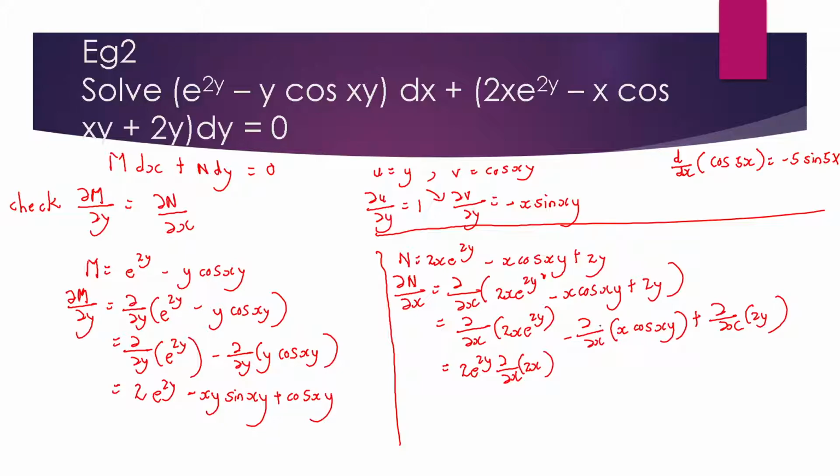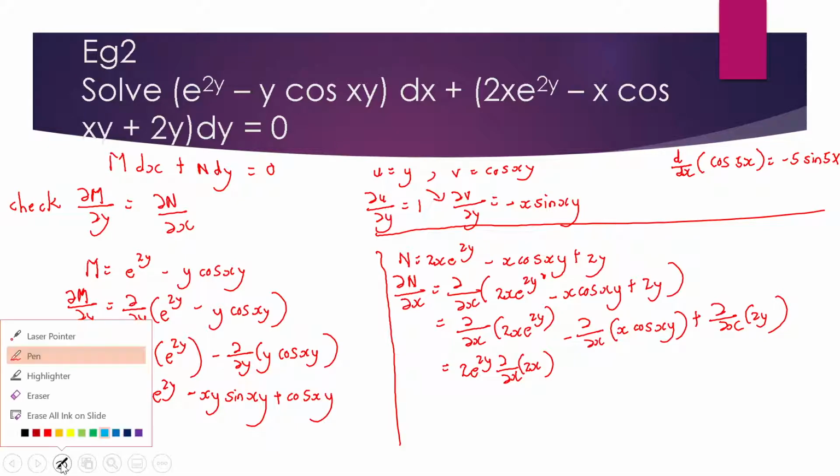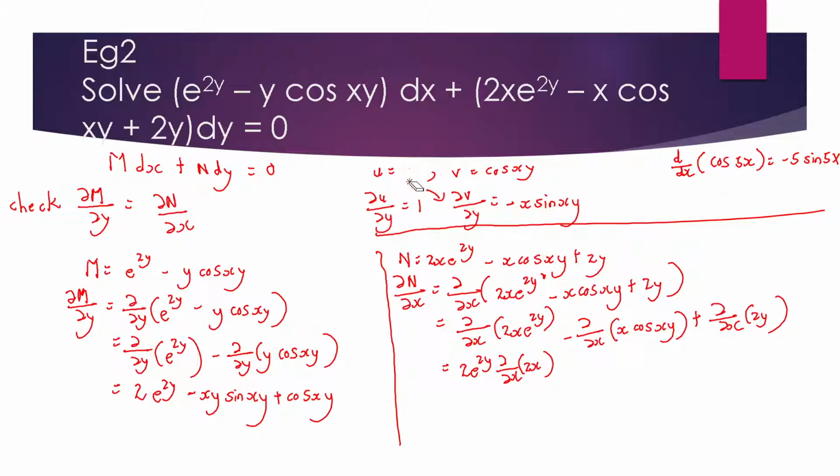Okay, second term, when you del x, this is x cos xy, a product of functions of x. So for the second term, you need to use the product rule, where u is actually x and v is cos xy.